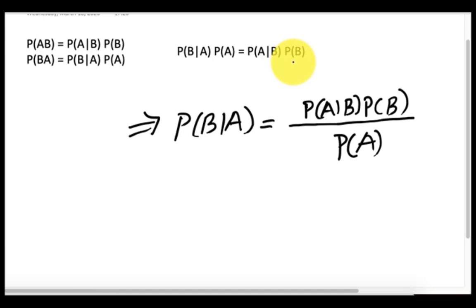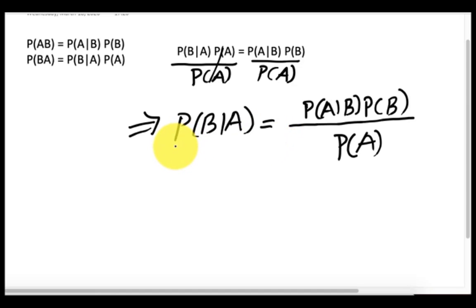And we can divide both sides of this equation by the probability of A to get the probability of B given A equals the probability of A given B times the probability of B divided by the probability of A. What is the meaning of this equation?